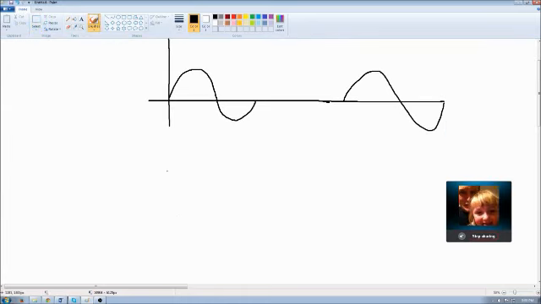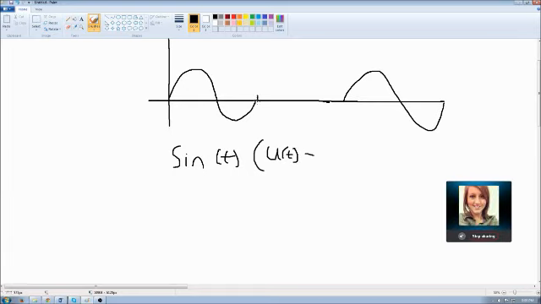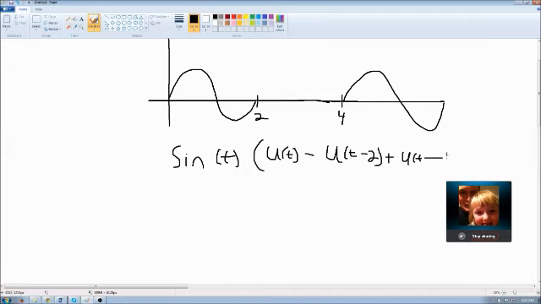So this equation actually turns out to be sine of t multiplied by u of t, this is 2, this is 4, minus u of t minus 2 plus u of t minus 4.